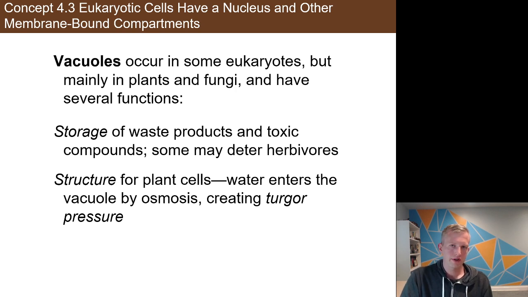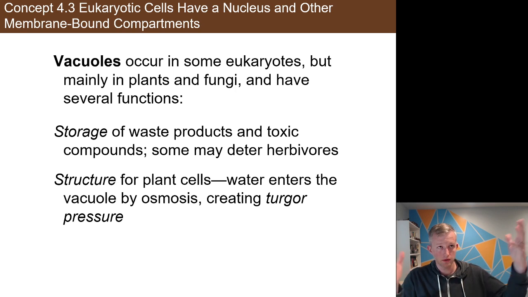Vacuoles are found in plant, animal, and fungi, but primarily in plants and fungi, as they serve multiple roles, not just storage of water, but also production of pressure, turgor pressure. So plant cells hold a lot of weight. Look at a tree, it's big, it's heavy, and those cells have a lot of force on them.